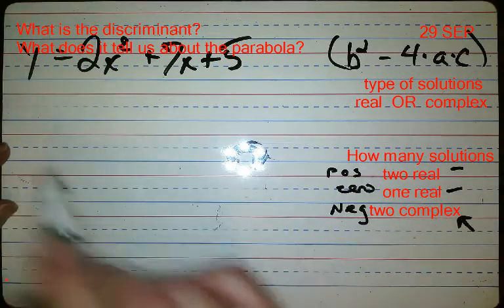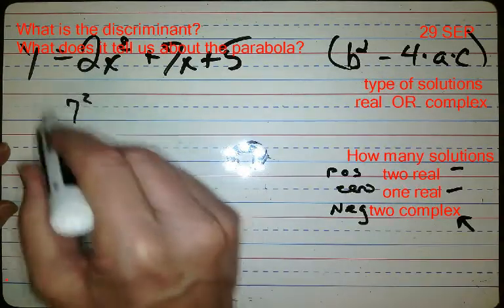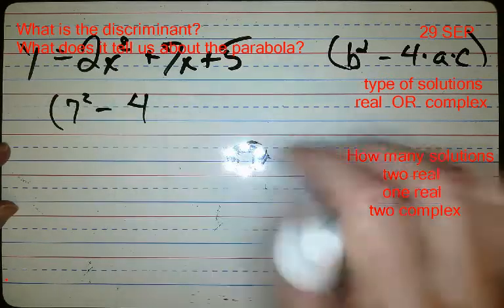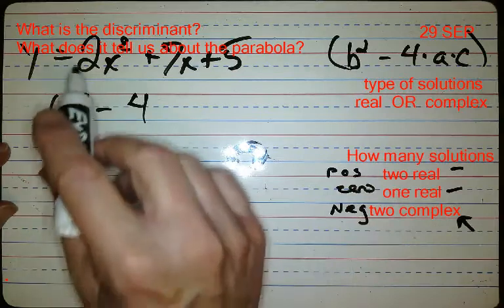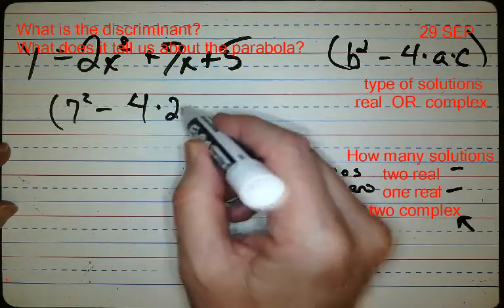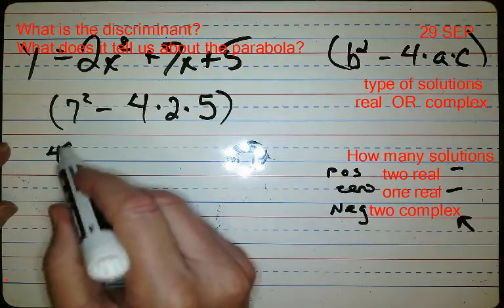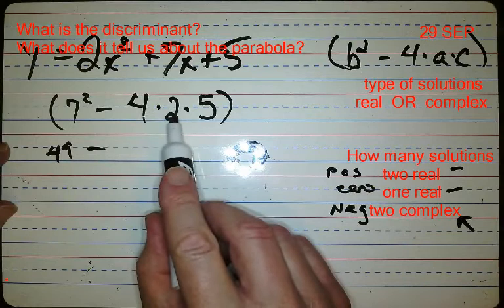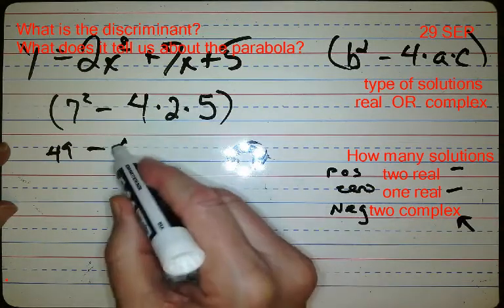Okay? Here we go. So, what is b squared? Well, that would be 7 squared. And then there's a 4 in the formula. And then times 2 times 5. So what do we got here? We have 49 minus 4 times 2 is 8 times 5 is 40.